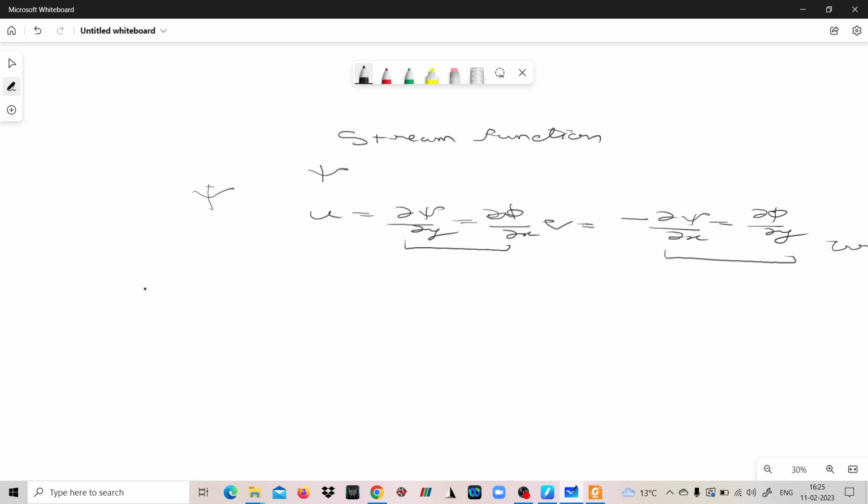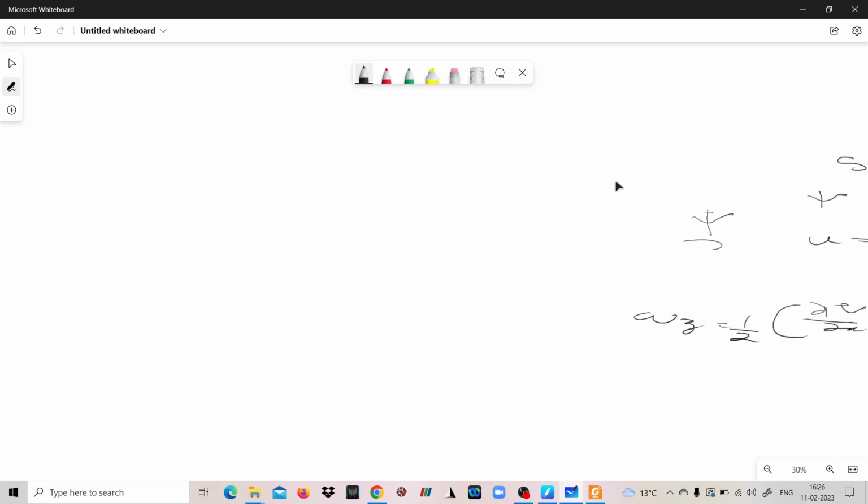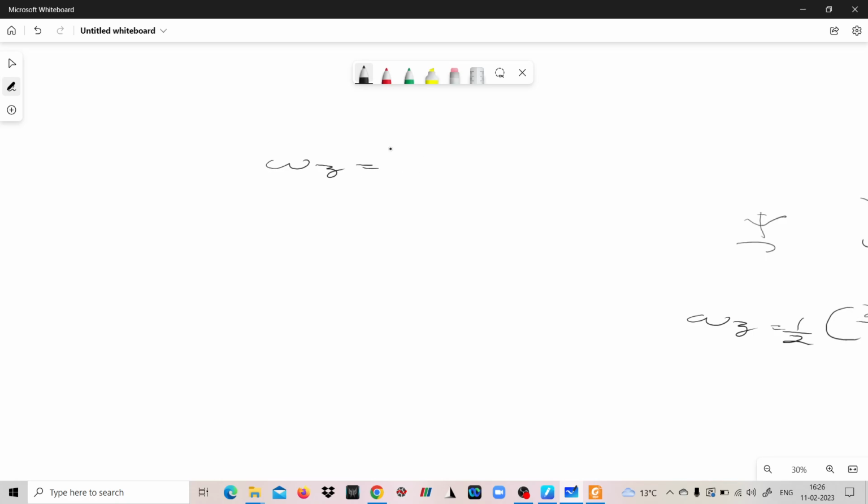See, omega z, the rotation for the 2D case, is equal to half of del v by del x minus del u by del y.